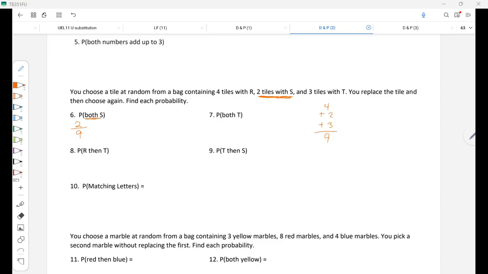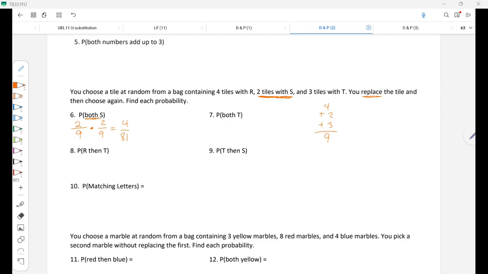That's going to be 2 out of 9. This was a problem where you're replacing the tile, so your second pick is also an S. 2/9 times 2/9, you should have had 4 over 81 for this answer. And then the other ones work exactly the same.